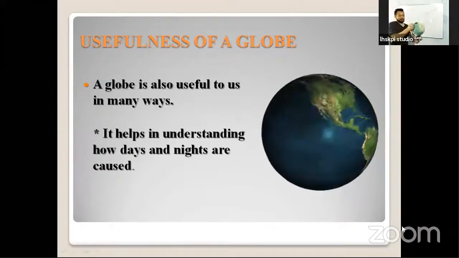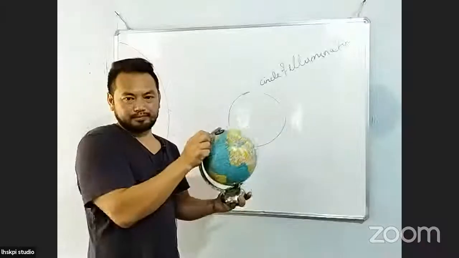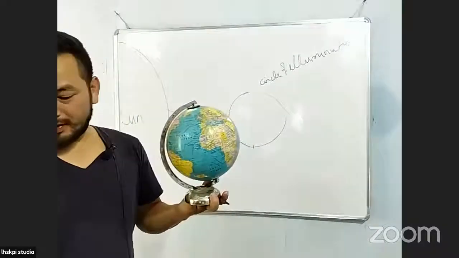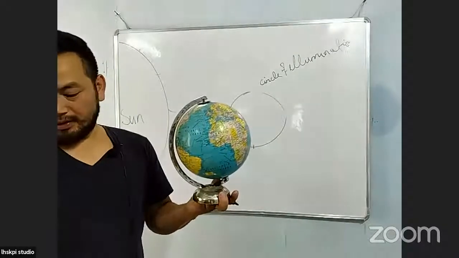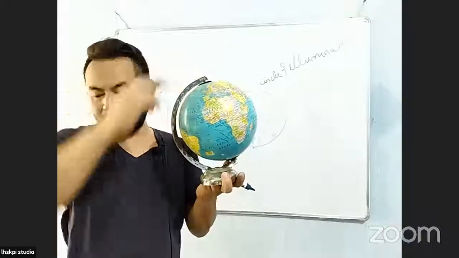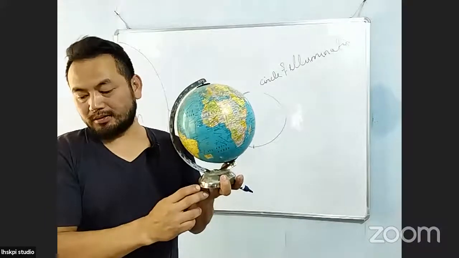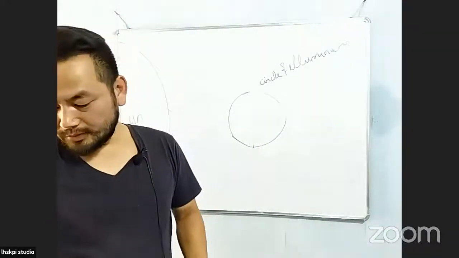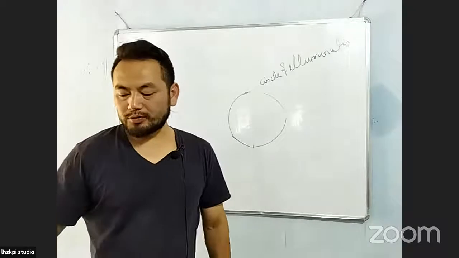Now look at the globe. If you look at the globe, the poles of the globe are also tilted in the same way or the same manner as those of the earth.